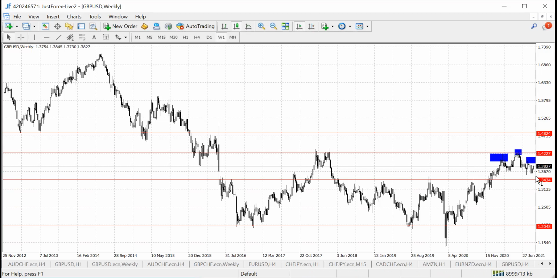Then the price is almost there. What happens is that if you test this particular zone, price will be tested upwards. Price has to retest a major area of value.